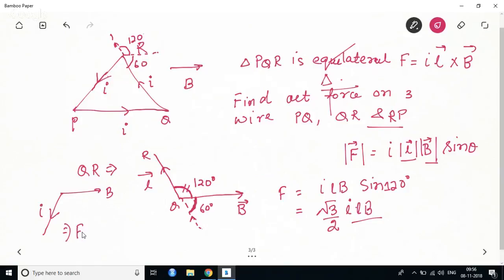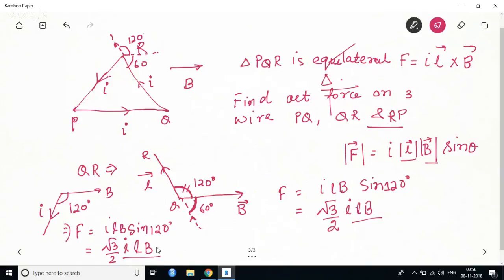So again the force would be I L B sine 120, as this angle is 120. So this comes out to be root 3 by 2 I L B. Is it okay?